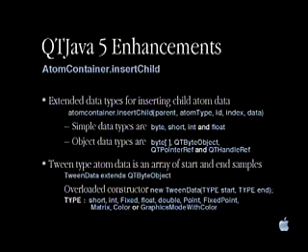One of the things that we've done for QuickTime for Java 5 is to change the semantics of some of the atom container calls. You'll notice in the insert child we have a parent atom. In some of the QuickTime atom container methods, we have actually changed the semantics so you can pass in null, so that this will be recognized as a synonym for atom 0. That is, the container is the parent atom. Parent atom is the container.